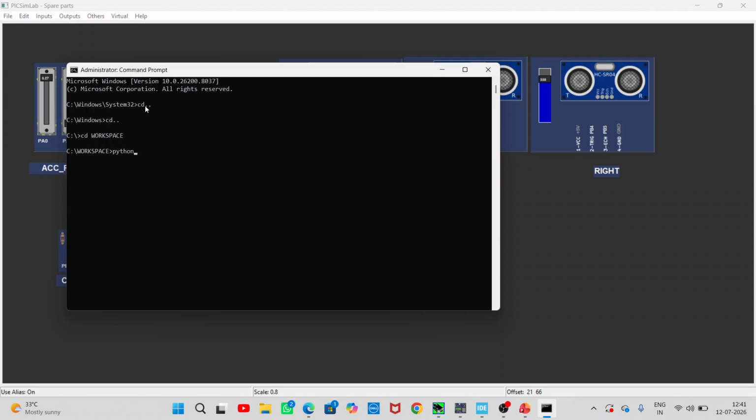Then Python, the name of the Python code: python evpython.py with the port.